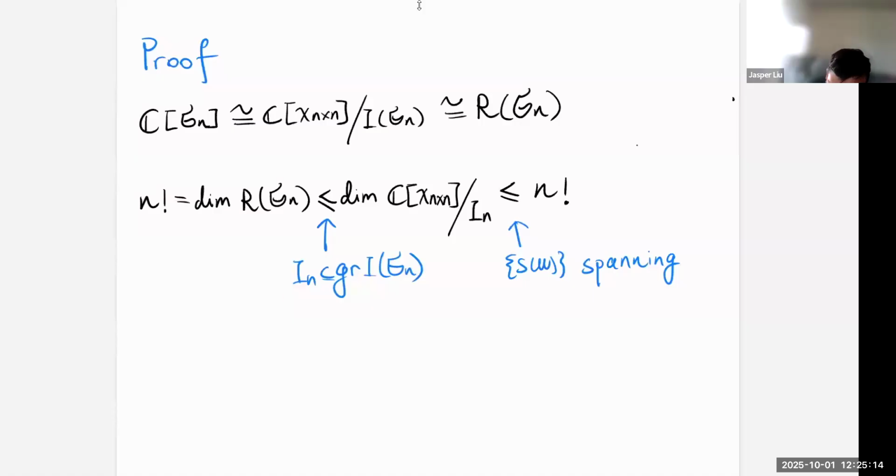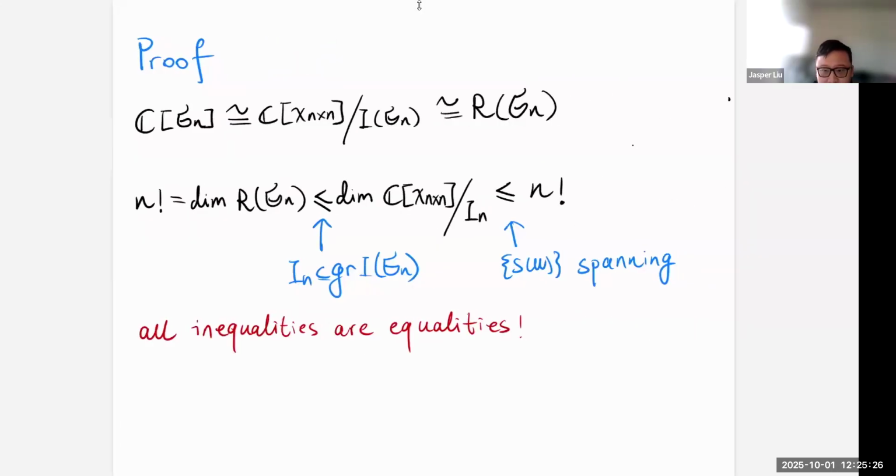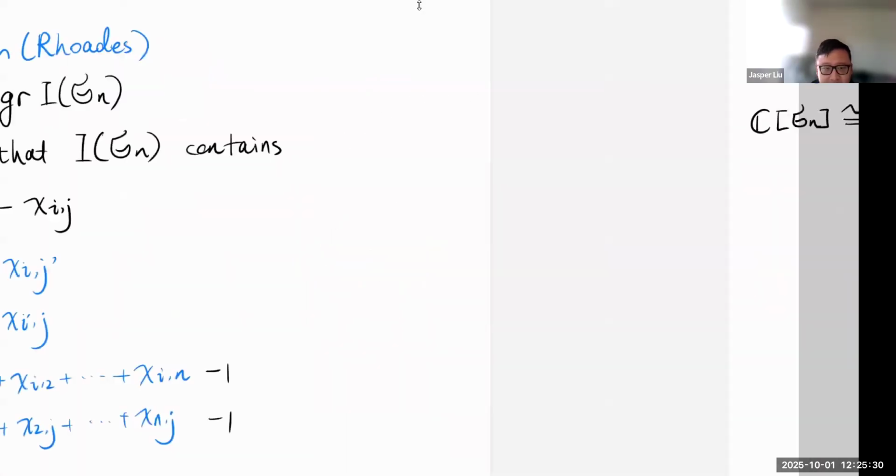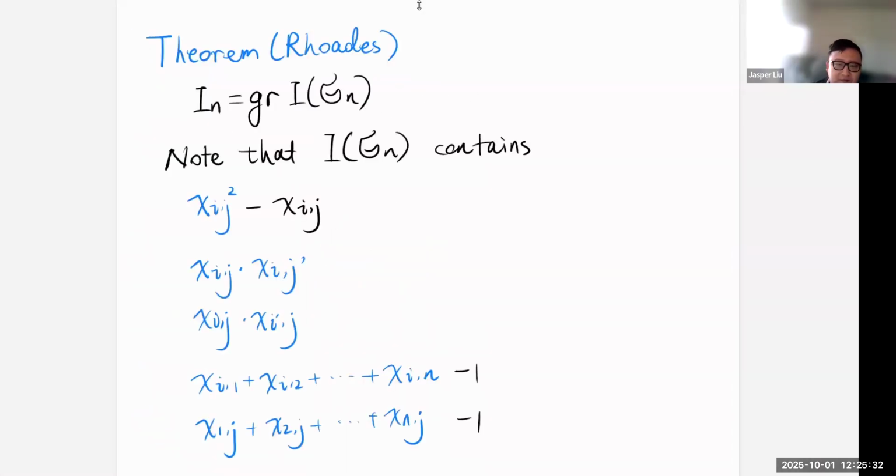This one comes from the containment of ideals, and this one comes from the shadow monomials spanning this quotient. So that means all inequalities are equalities, and we have the equality of these two ideals.